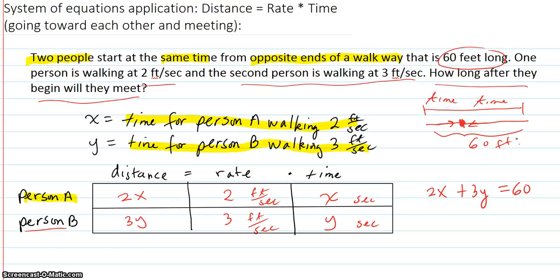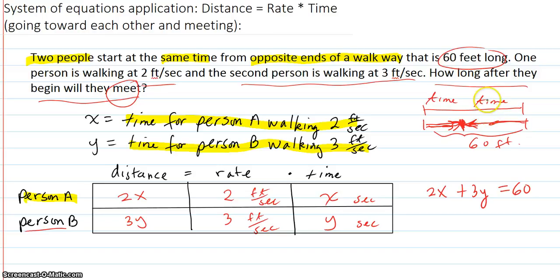So we look around and we don't really see a whole lot more numbers, but there's a key word, meeting. See, they walked toward each other and met. So imagine the time clock starting. This person's walking this way and this one's walking this way. When they meet, then we stop the stopwatch and we look at the time.